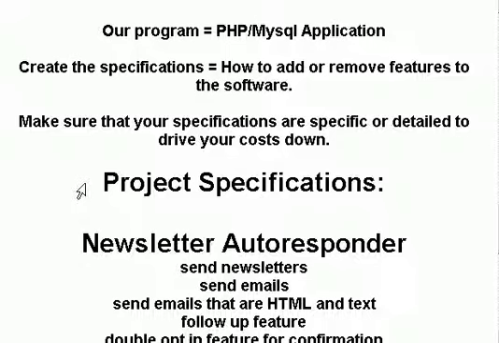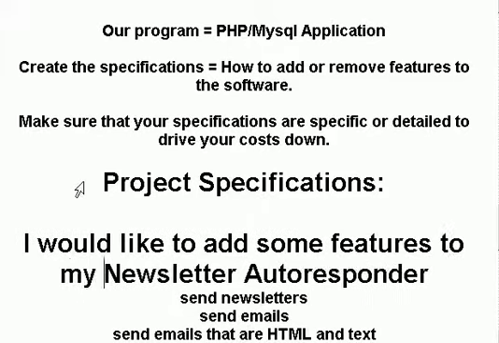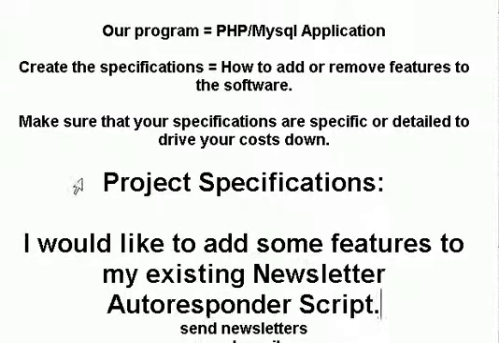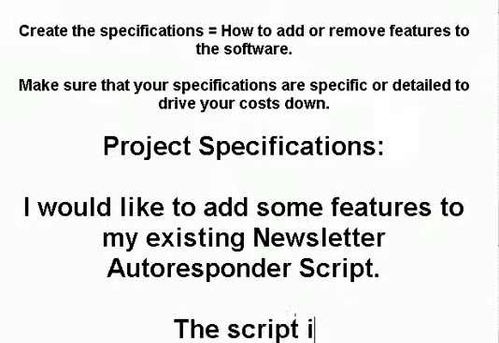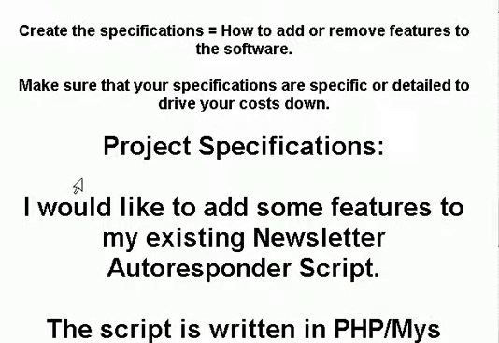So right now we're looking at a newsletter autoresponder program, and we can say that I would like to add some features to my existing newsletter autoresponder script. The script is written in PHP and MySQL.